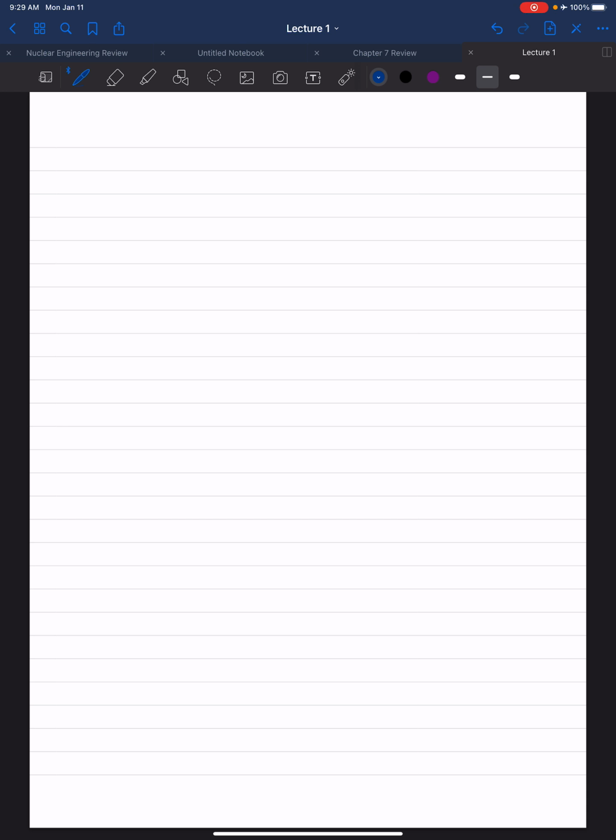So let's get some practical analysis into what kind of problem set we're dealing with here. So let's look at example 7.1 in the text. This is on page 316.